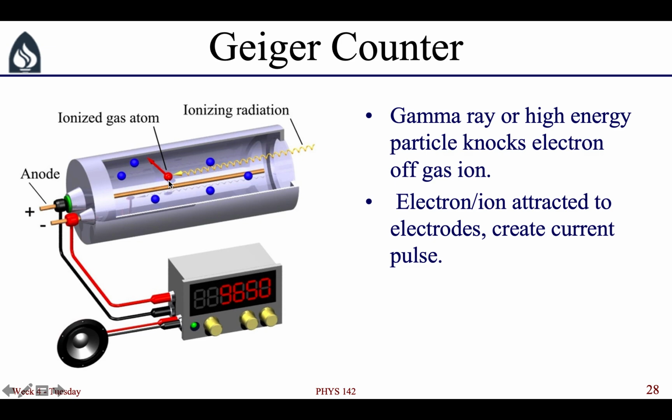So you have a little current pulse that this Geiger counter can detect, and it counts the number of those little current pulses, which correspond to a bit of ionizing radiation coming in and knocking an electron off the gas atom.